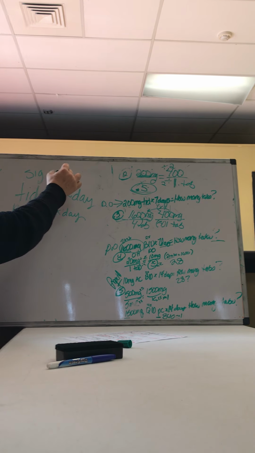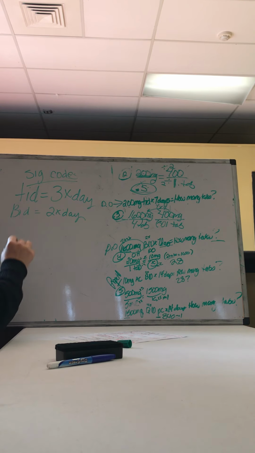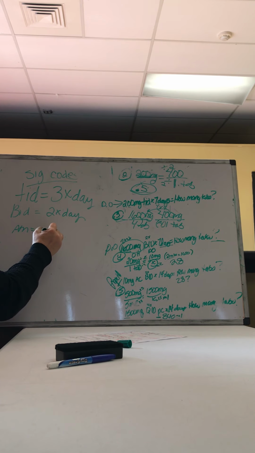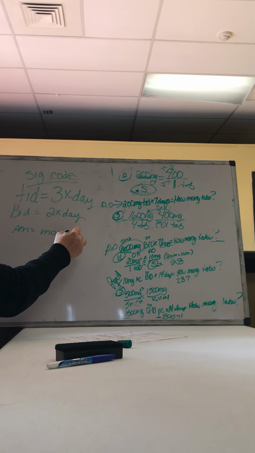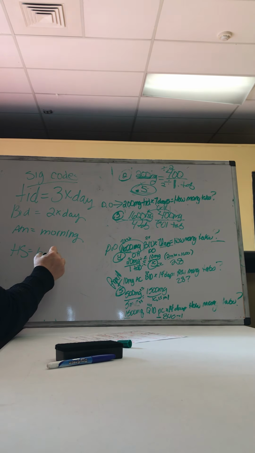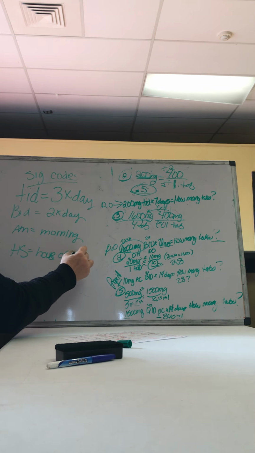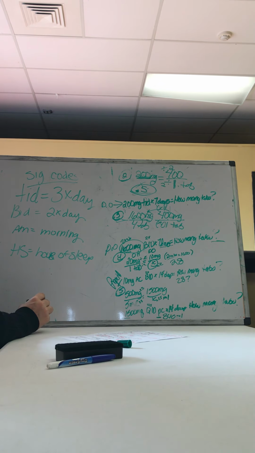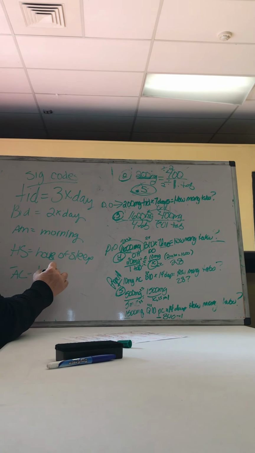You will have a test on them soon as well. SIG codes: TID, BID, AM, that means morning. You have to learn all of these. HS, that is hour of sleep. AC, before a meal.